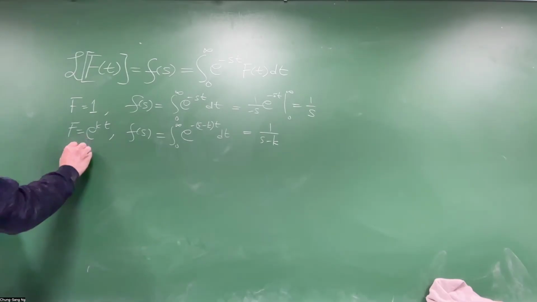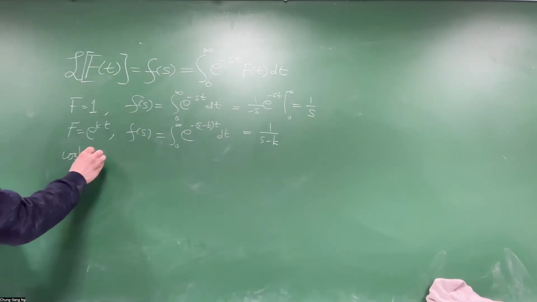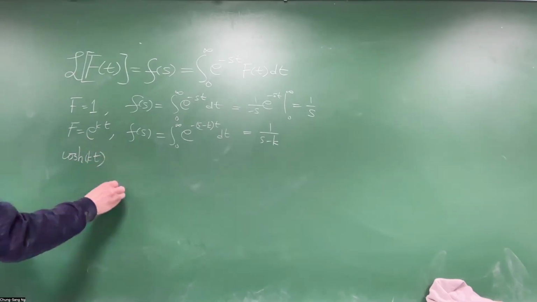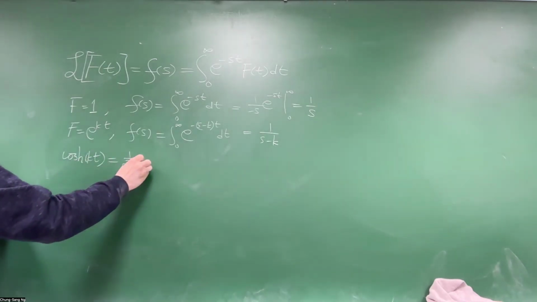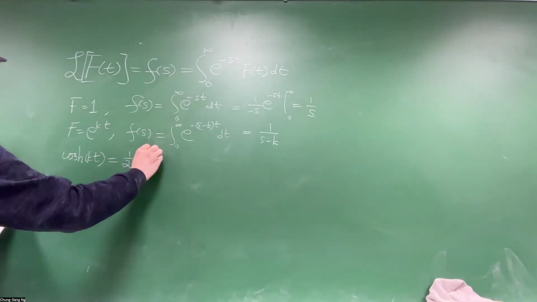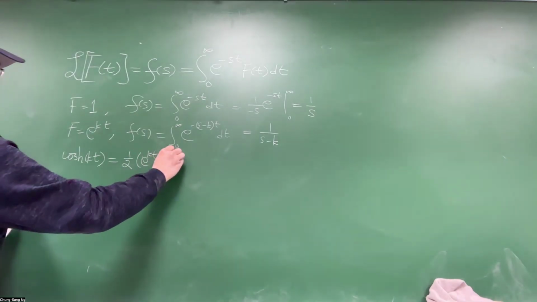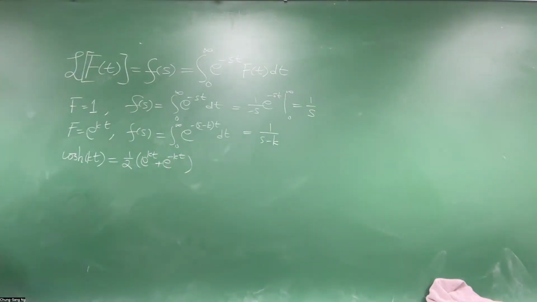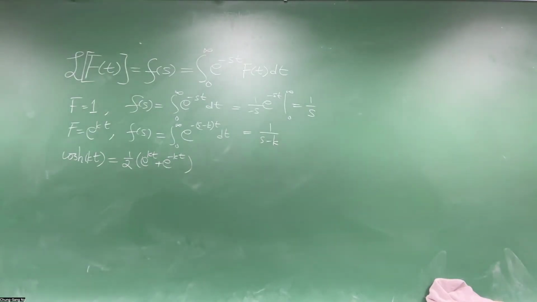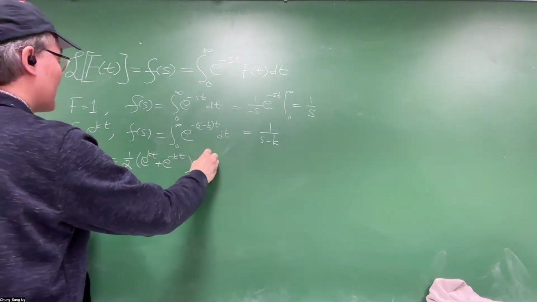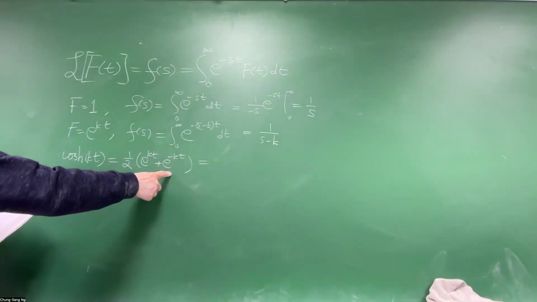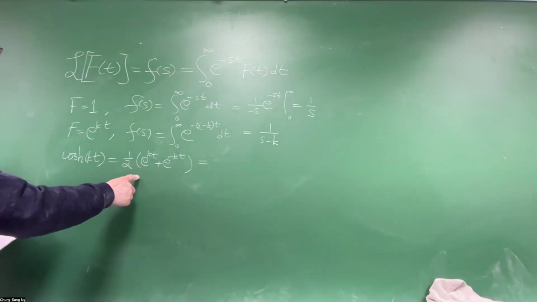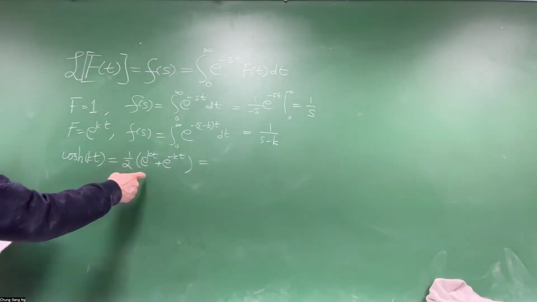All right, the next one, cos kt. Now this one is similar to the exponential function. This cos is 1/2 (e to the ikt plus e to the minus ikt), right? And now you use the property that I just mentioned. You can do the term by term Laplace transform, and add the Laplace transforms up and multiply the constant also.